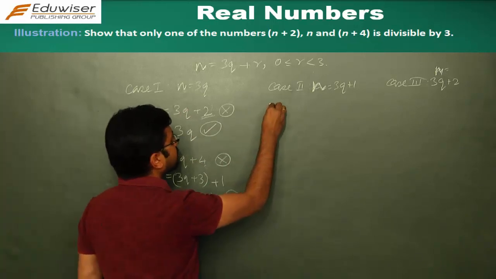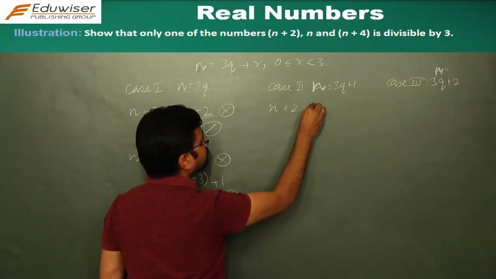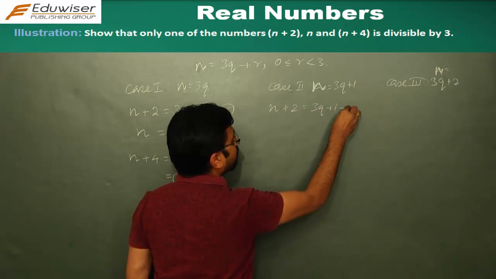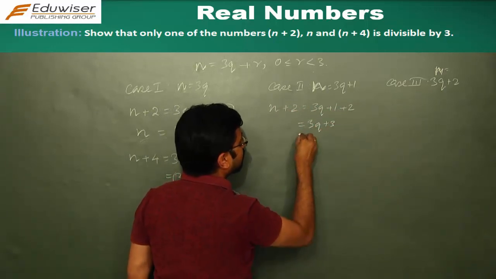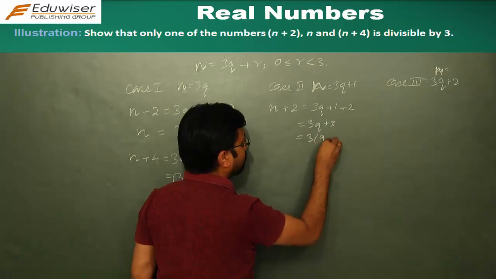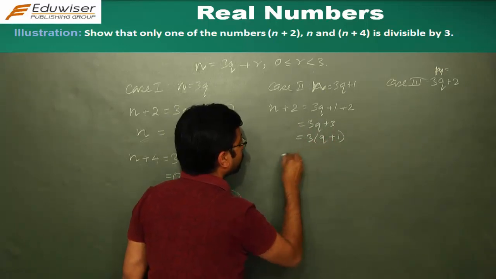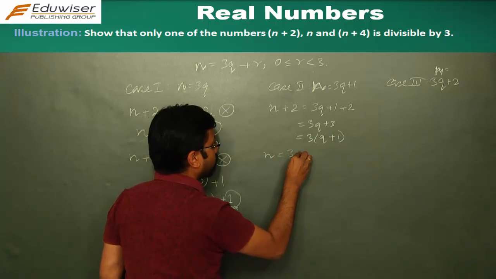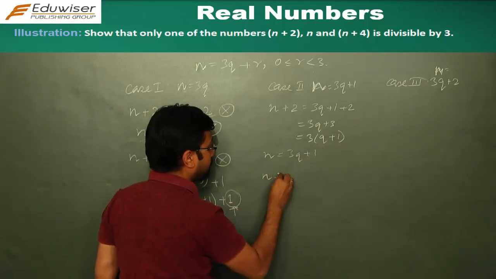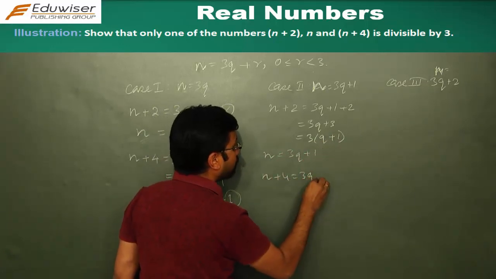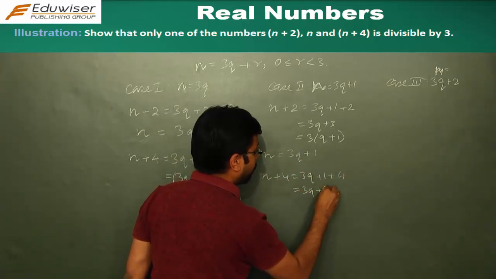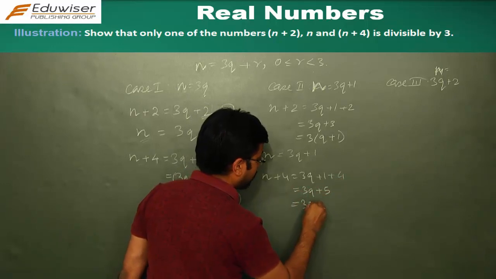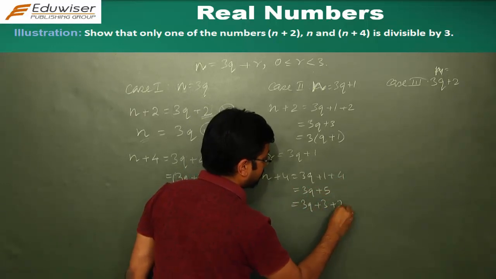In the second case, n plus 2 will be 3q plus 1 plus 2. What does it become? 3q plus 3, which taking 3 common, you have 3 times q plus 1. N becomes 3q plus 1, and n plus 4 will be 3q plus 1 plus 4, which is 3q plus 5, which is 3q plus 3 plus 2.